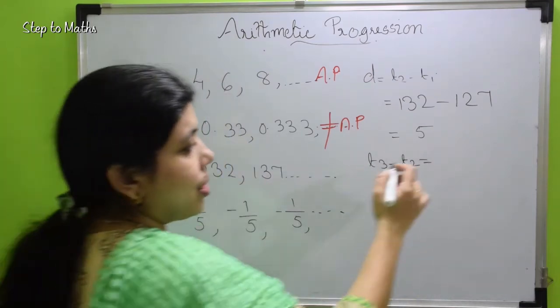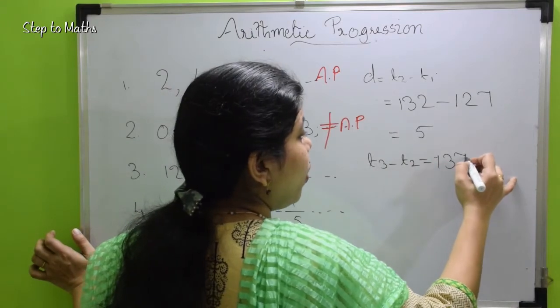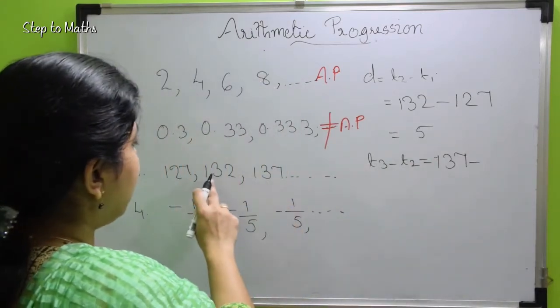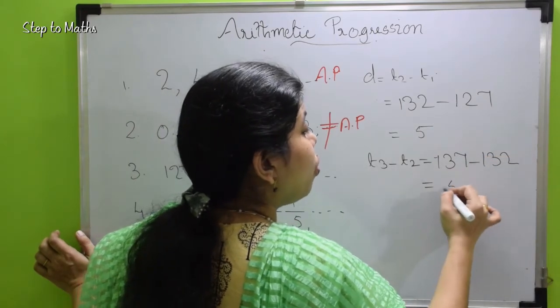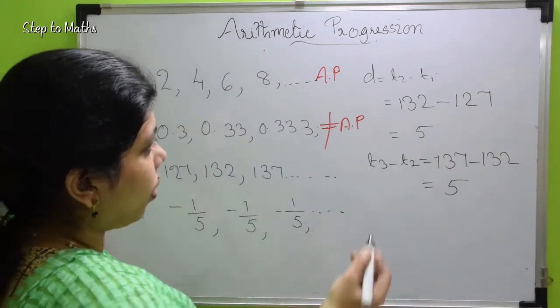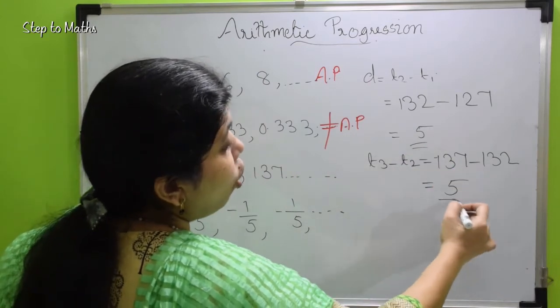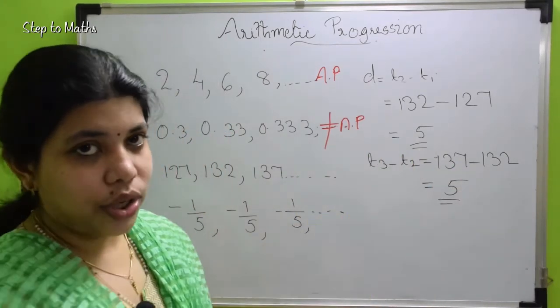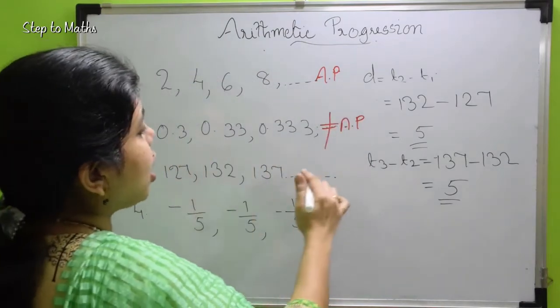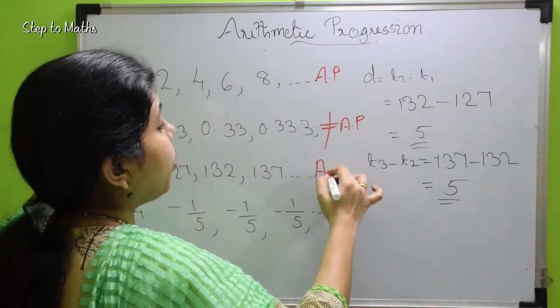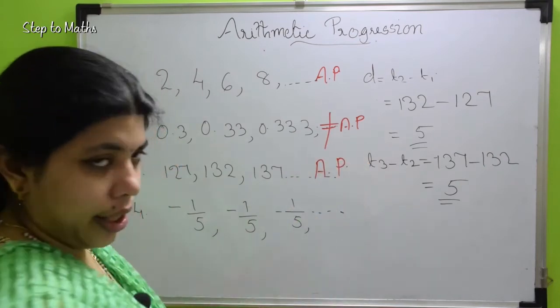T3 is 137. 137 minus 132, as T2 is 132. That is equal to 5. Here, the value of D is constant. That indicates this sequence is in an arithmetic progression.